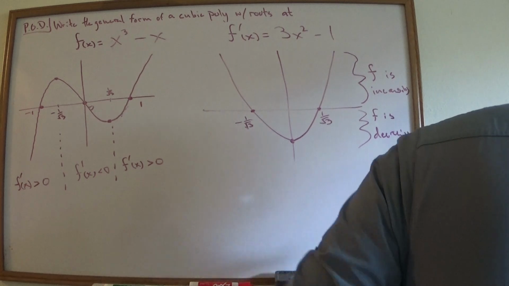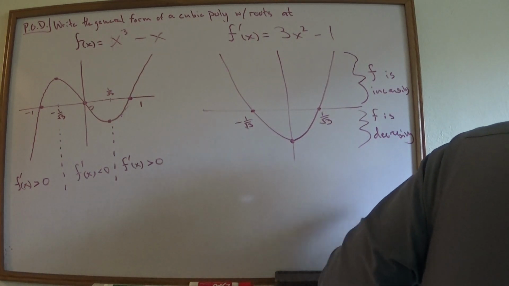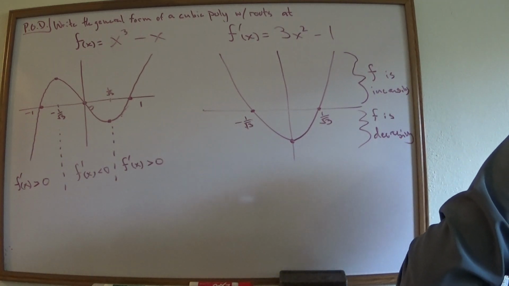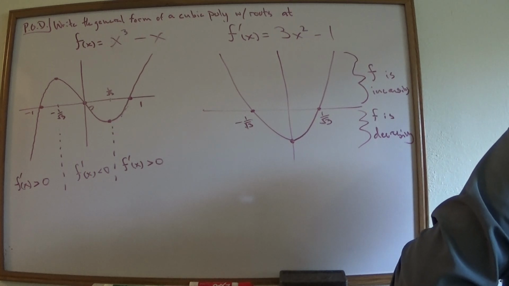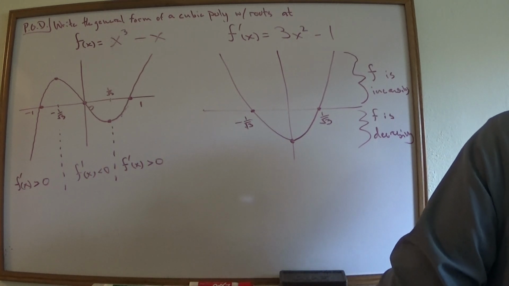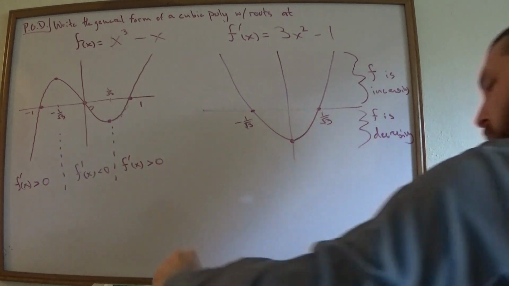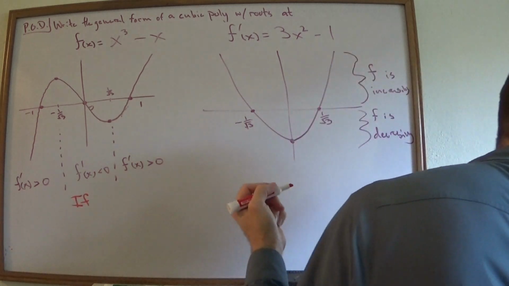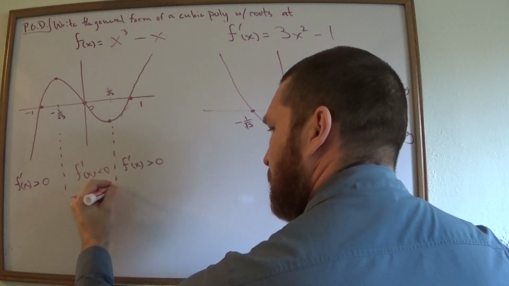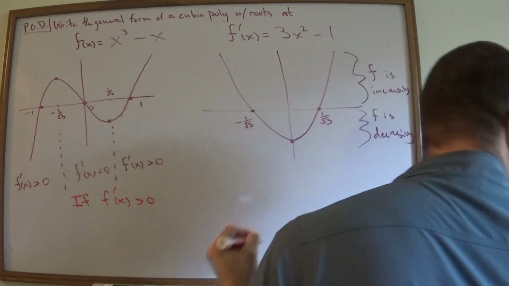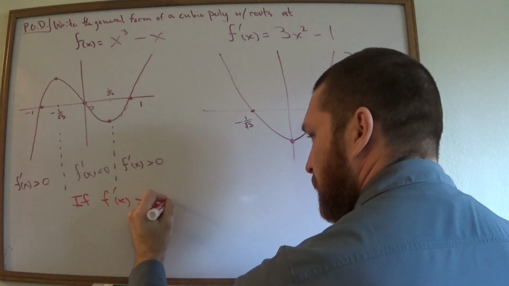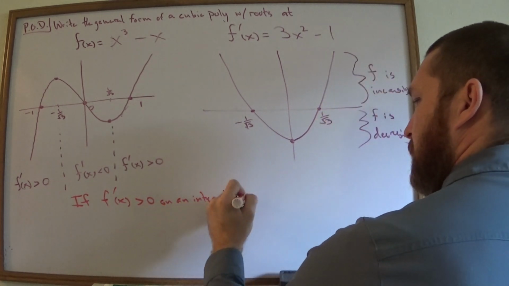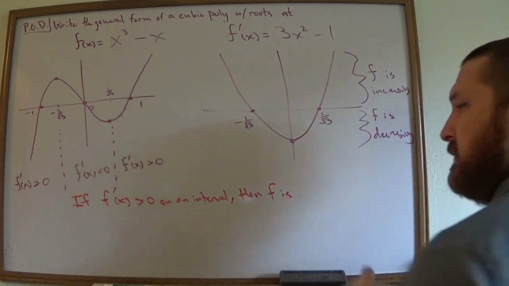Here are some statements. So what I've just said is this. If f prime of x is bigger than 0 on an interval, then f is doing what?